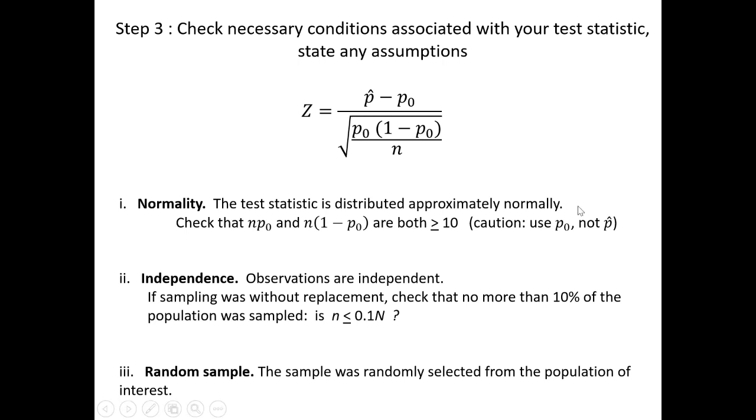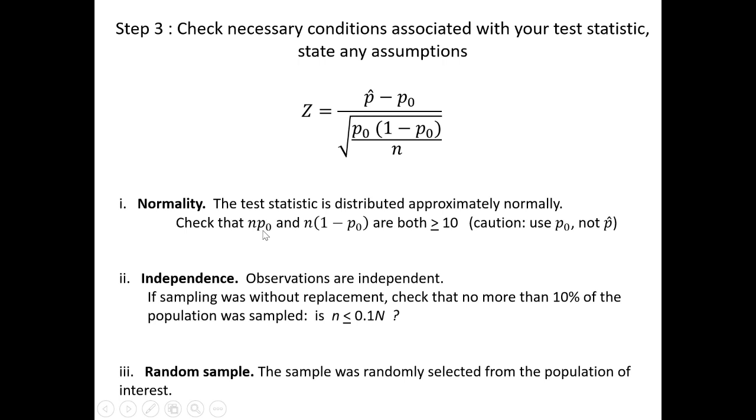So when would that be a good assumption? If you remember from the sampling distribution for proportion, there are a couple rules of thumb. And if both of these are satisfied, then it's a good assumption that this test statistic would have a normal distribution. Right, so the calculations we're going to do is take our sample size n and multiply it by the hypothesized proportion.